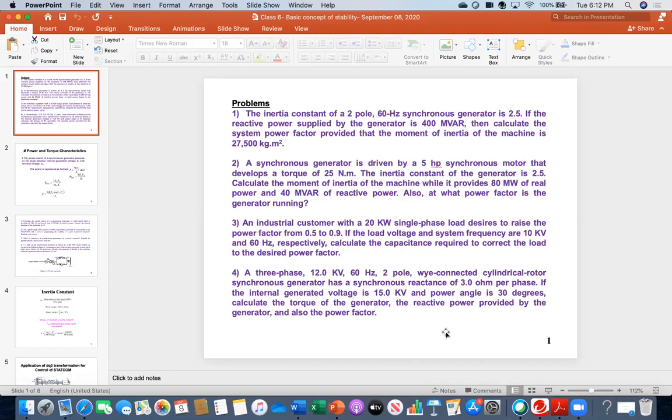Did any other calculate the Q value? As Kamana said, she got 3.96, which I also received, 3.96 megavar, the Q value, reactive power value. Lakshmi, did you get the Q value?